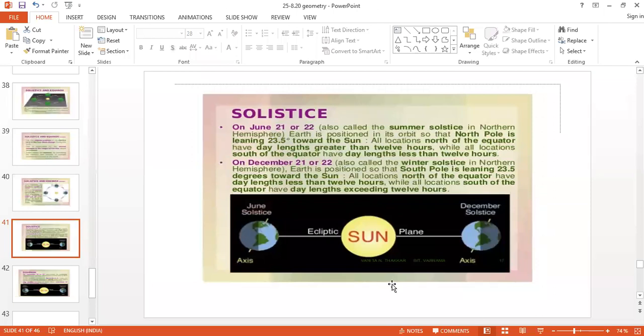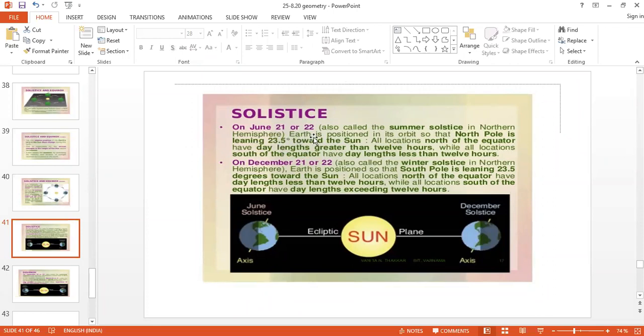So observe the figure carefully: this is the June solstice and this is the December solstice. This is the sun. What changes take place, we can observe.